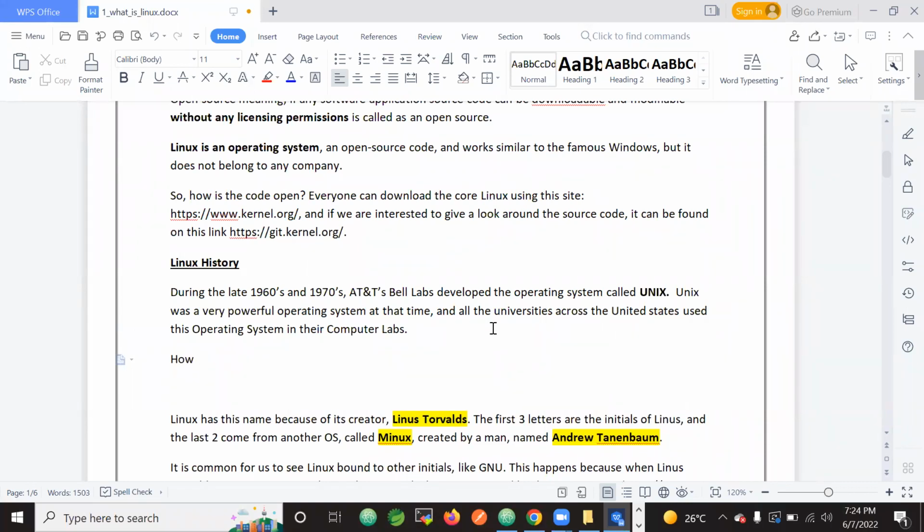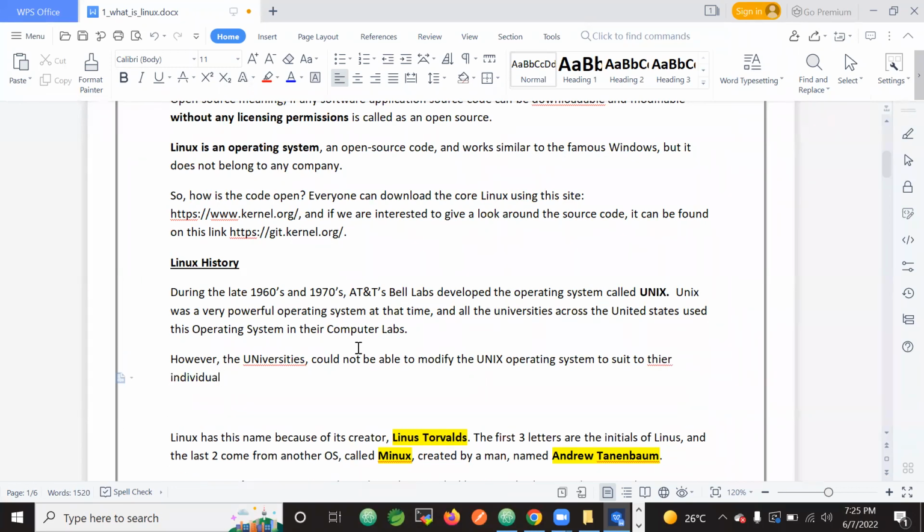However, the universities could not modify the Unix operating system to suit their individual needs.